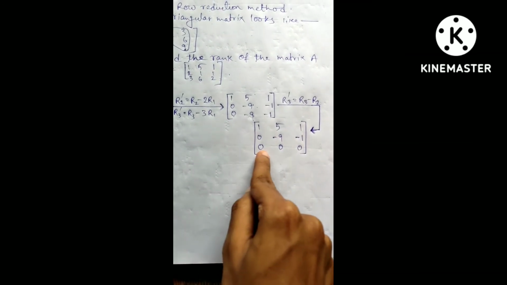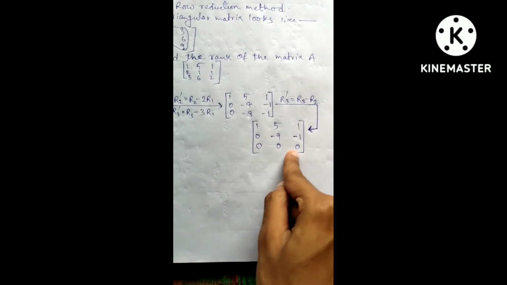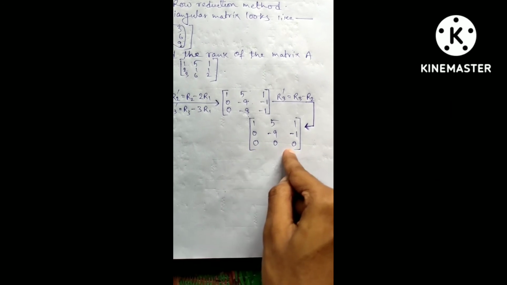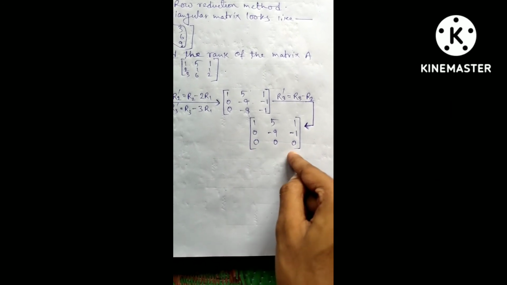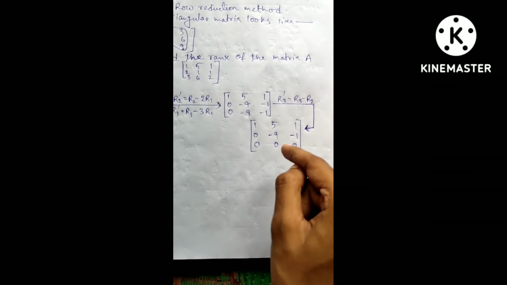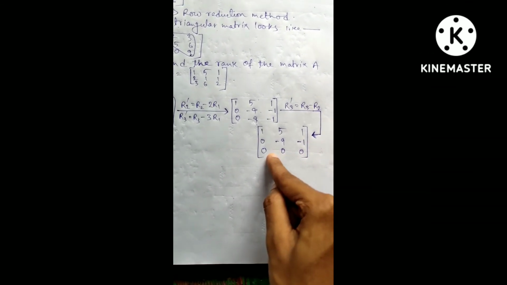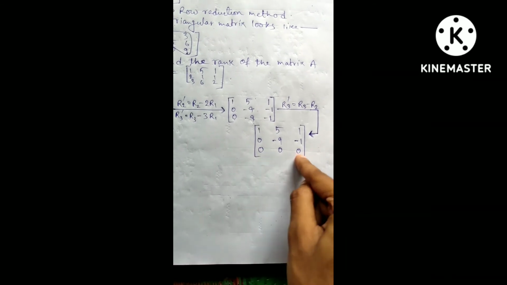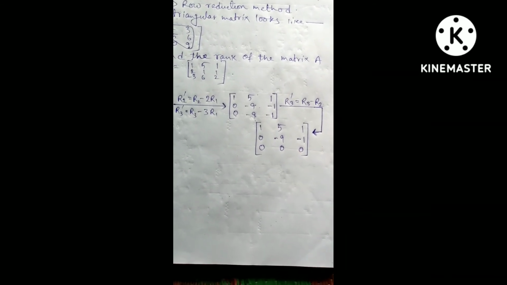Now you follow, and you see very clearly that it forms an upper triangular matrix with a 0 row.